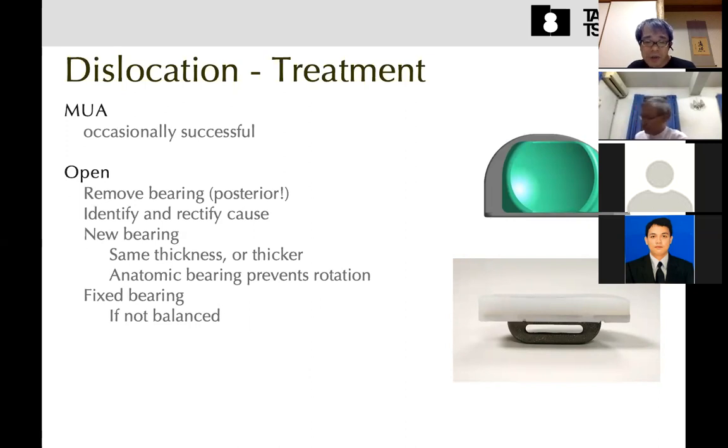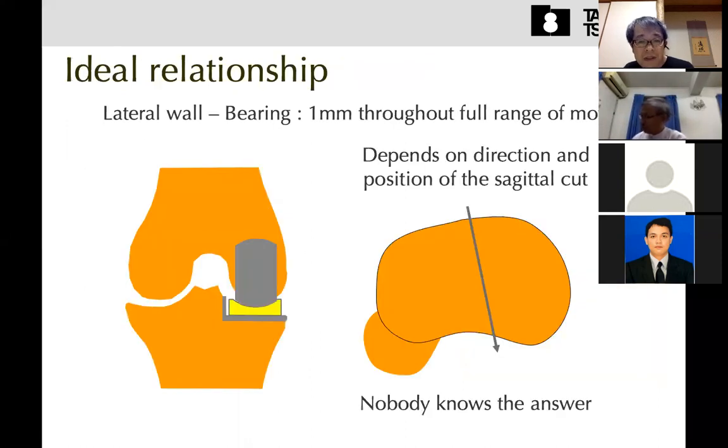I experienced only one case, a frequent dislocation case. It is quite difficult to place the female component at the ideal position, because to achieve the ideal placement of the bearing, in other words, the ideal placement of the female component, it is quite important to consider the relationship with the tibia tray.